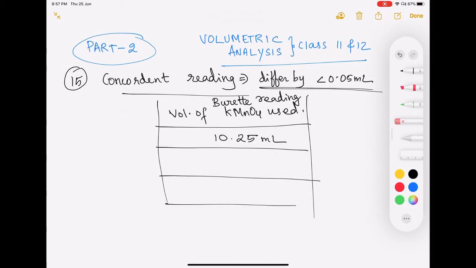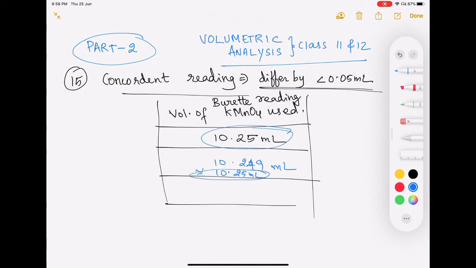Right. So let's imagine another value for concordant reading. It is 10.25 or 10.249. If I am getting 10.249 milliliter, approximately I can tell it as 10.25 milliliter, right? These readings are very similar to each other, right?